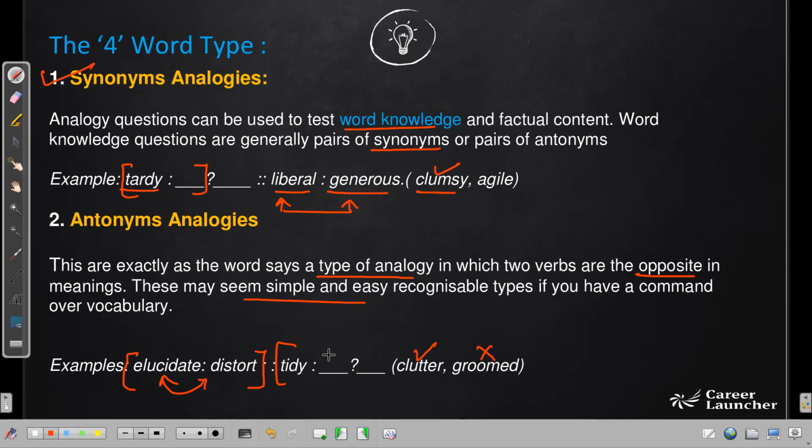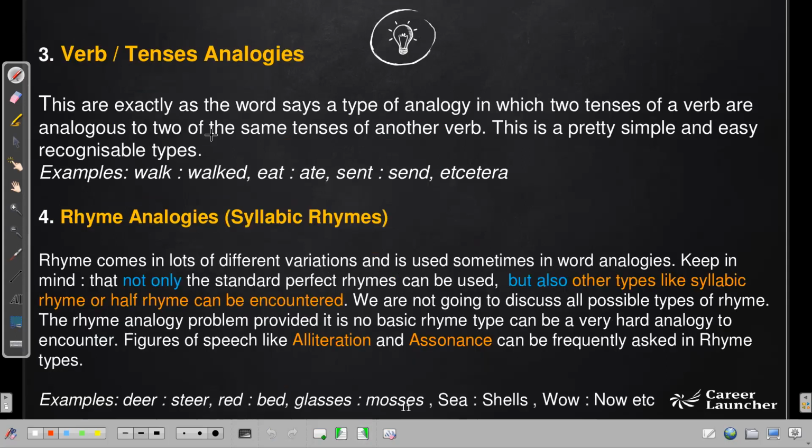So the first two kinds of analogies were word type with synonyms and antonyms. Then we have verbs and tenses, which is also about irregular and regular verbs, which I will cover in my grammar session: what is an irregular verb, what is a definite verb, what are finite verbs, and so on. I will cover a video separately on verbs and their classifications.